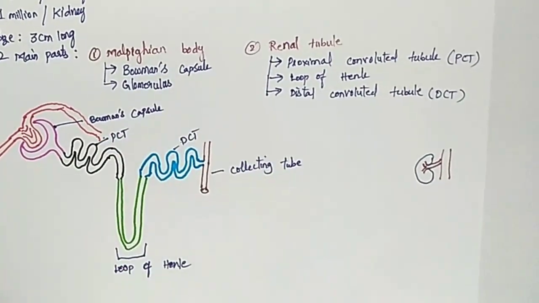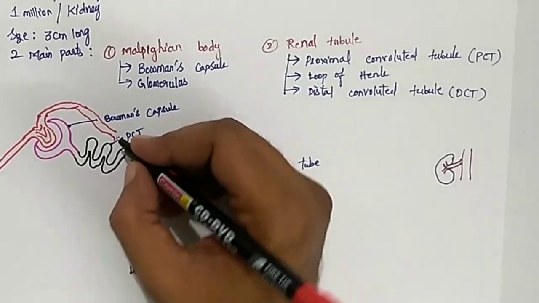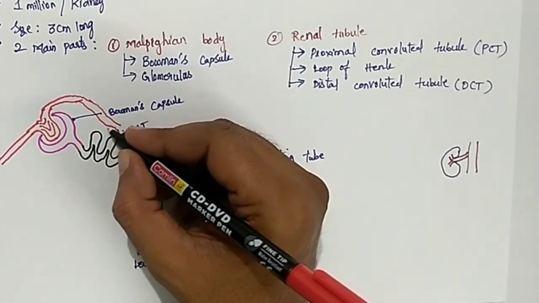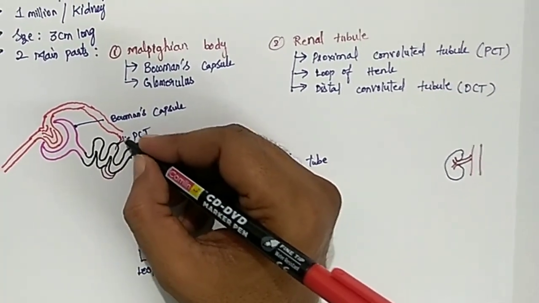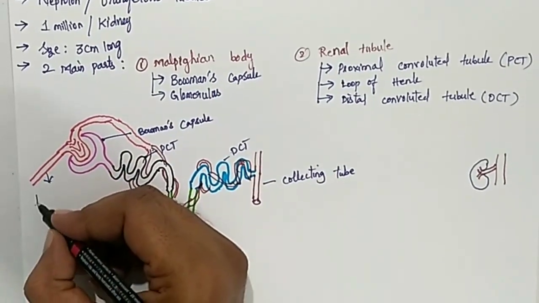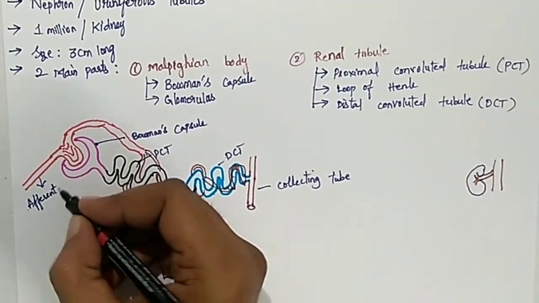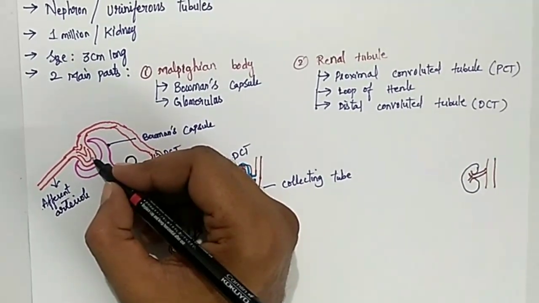These capillary structures are called peritubular capillaries. Many capillaries arise and they are present around the PCT. This is the glomerulus.